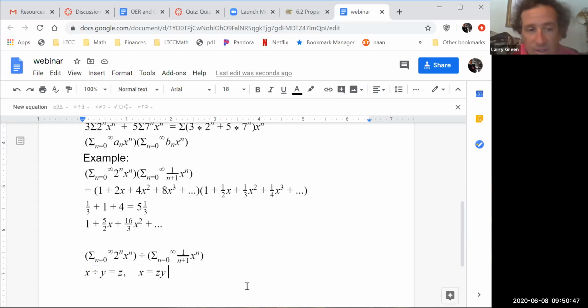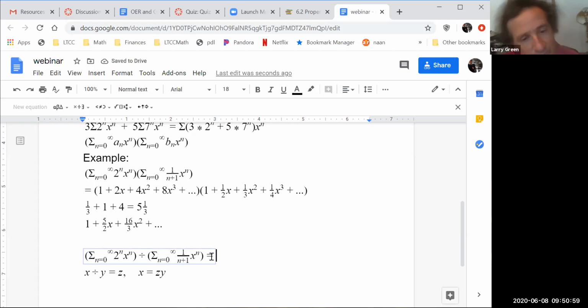Okay, so if you have X equals ZY, in our case we can pop in a new one and say, well, we don't know what it is, but we do know that it is the summation of C_n x^n.